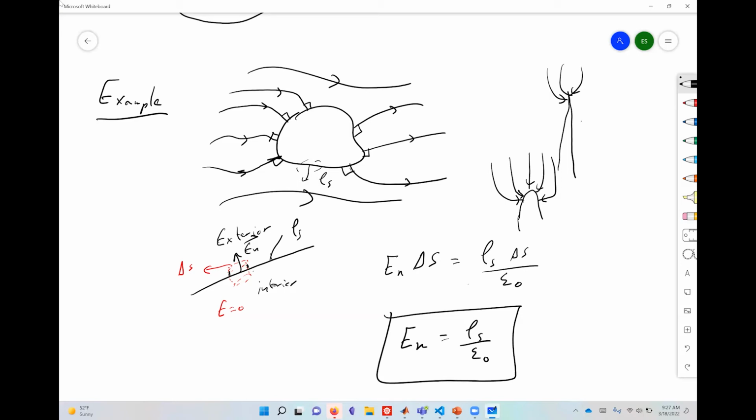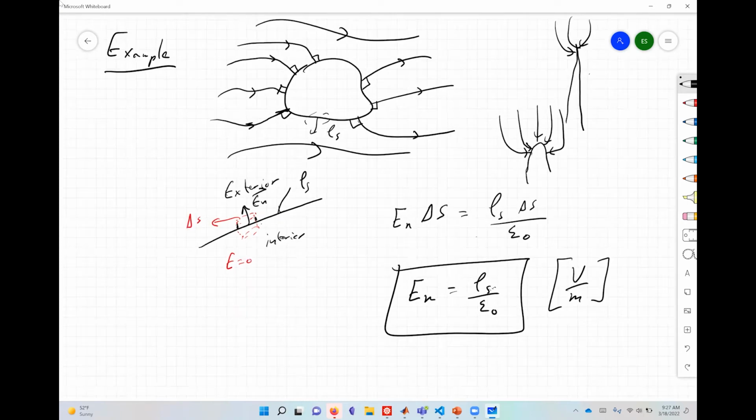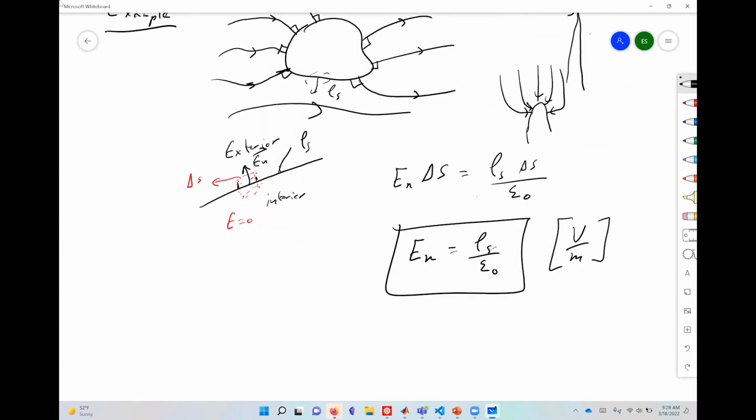This is how you relate the charge distribution to the normal electric field. Okay, so this is volt per meter. This is the relationship between the normal electric field at the conductor and the surface charge distribution on the conductor.